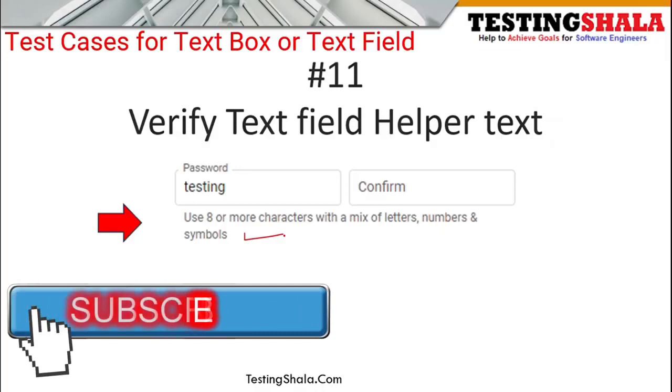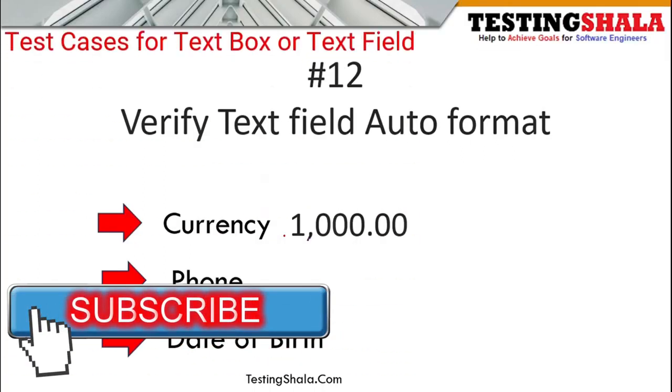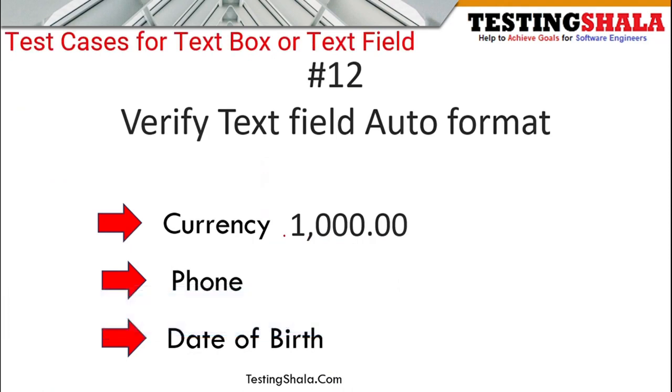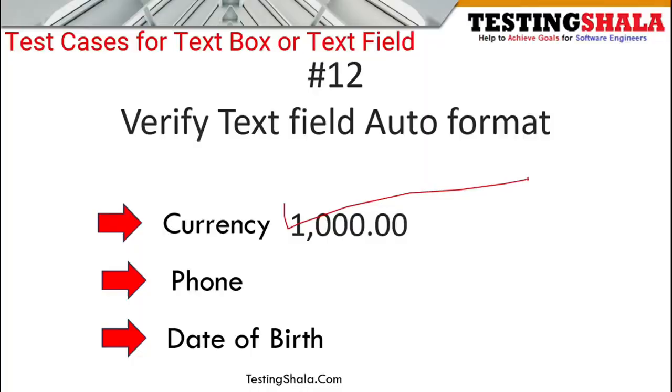Then the 12th test case or test scenario for a text box or text field is verifying the text auto format, especially if the text field is used for a currency. In every country, the currency is shown in a different format. Then your text field should also be able to appropriately bifurcate hundreds, thousands, lakh, million, and so on.